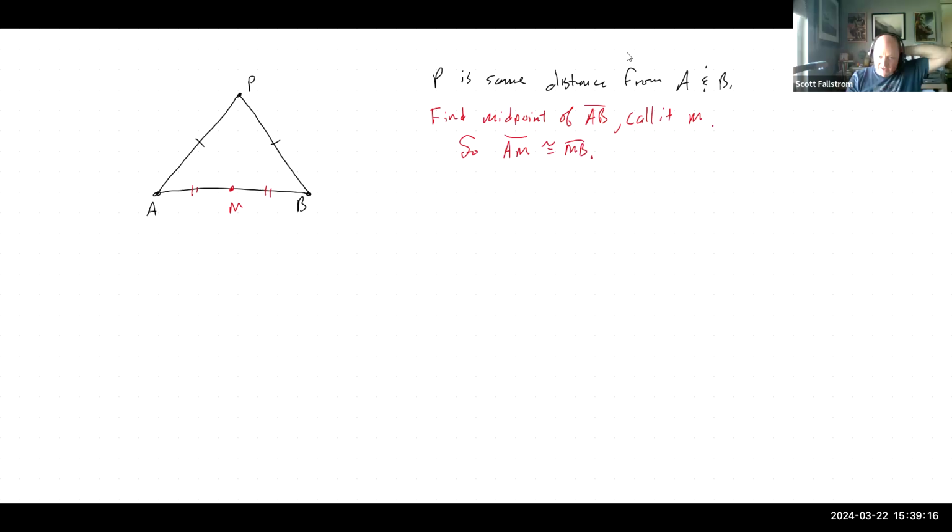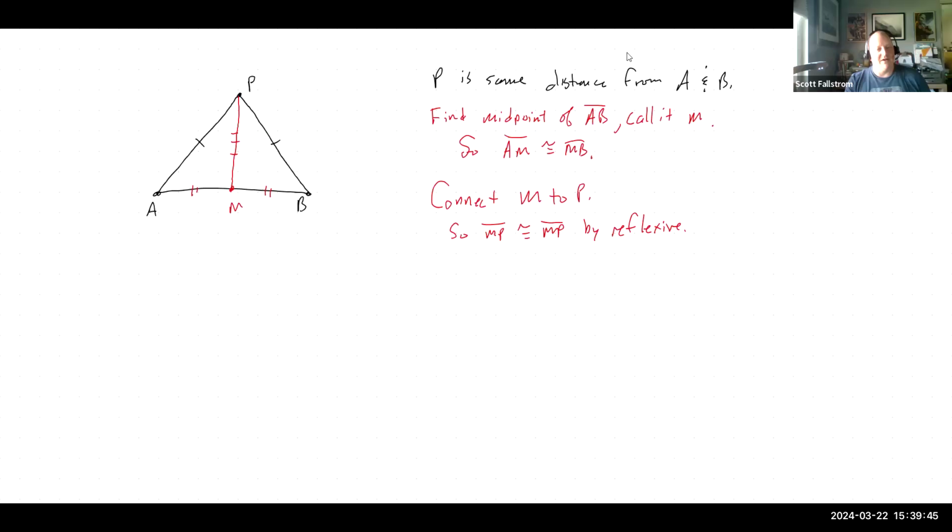Now connect M to P, and I will just draw that in right there. So MP is congruent to MP by the reflexive property. And look, I've got perfectly congruent triangles.